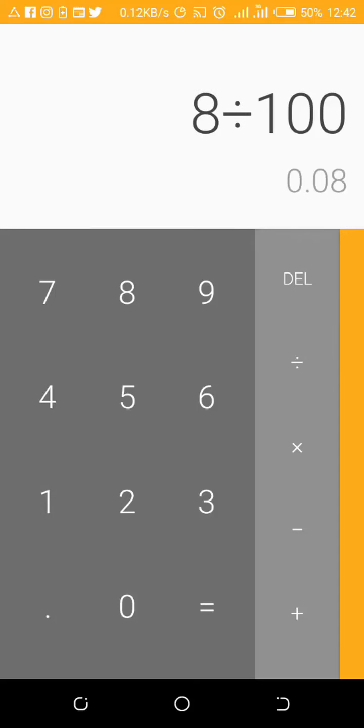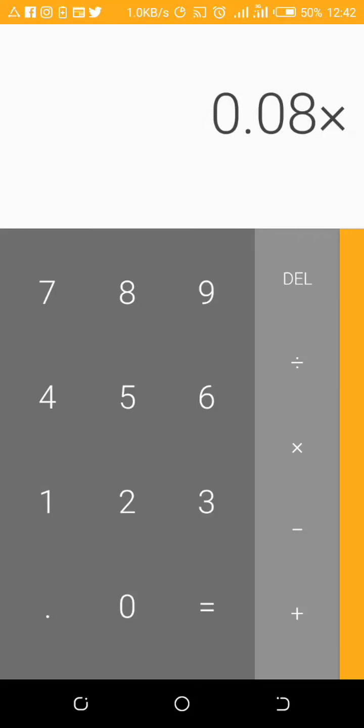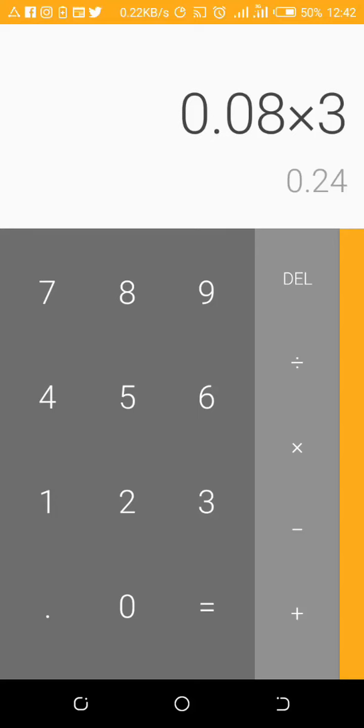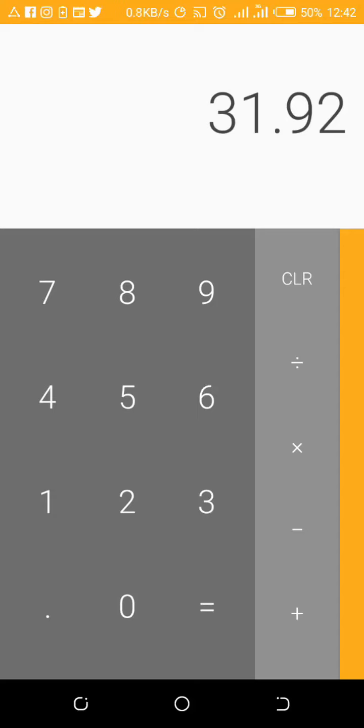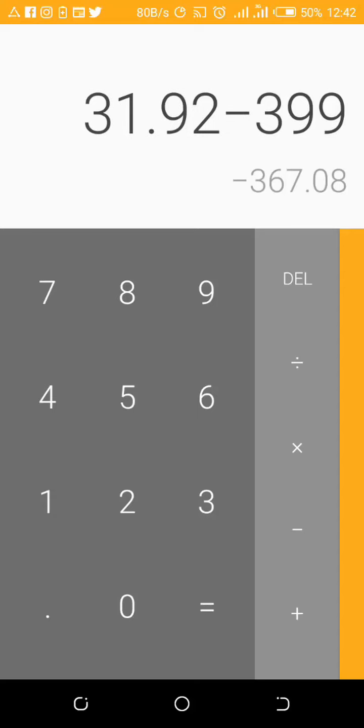Now here is our calculator, and we are using 8% of our buy zone. So we bought at 399, right? So 8 divided by 100, multiplied by 399 is what we have, 31.92, minus 399.